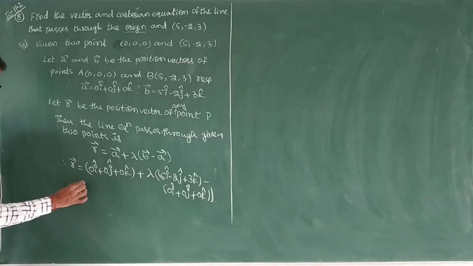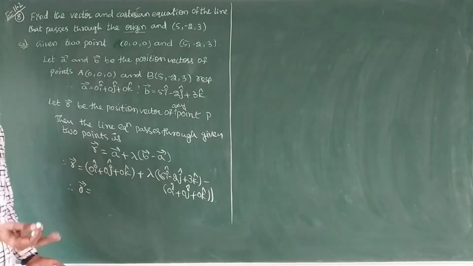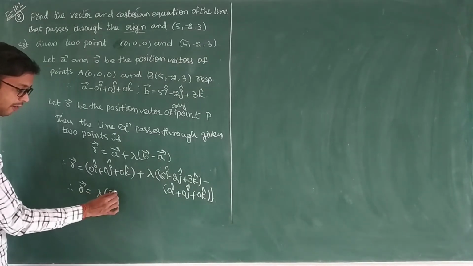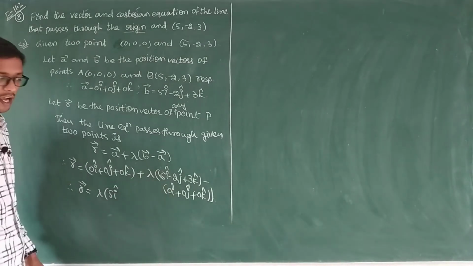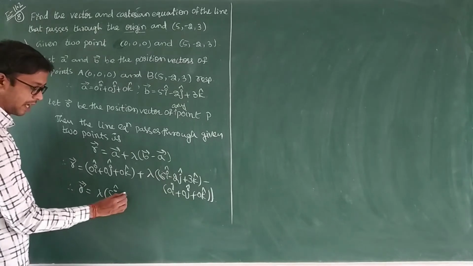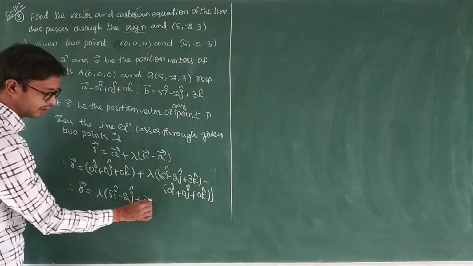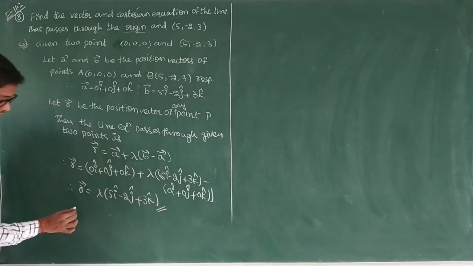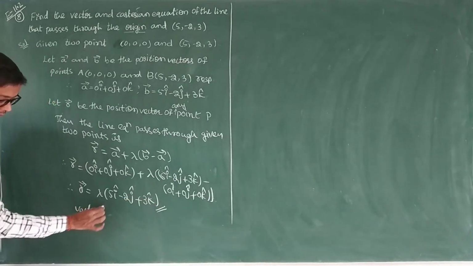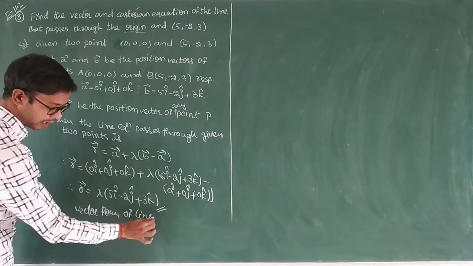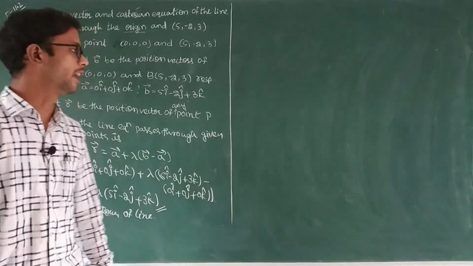Therefore, r bar equal to, 0 is there, no need to write the 0 vector, directly lambda into 5 i cap, 5 minus 0, 5 only, minus 2 minus 0, minus 2 j cap, plus 3 minus 0 is 3 k cap. So this is the vector form of the required line.